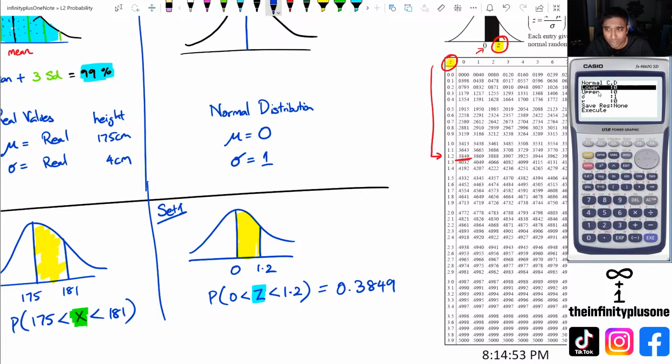You'll notice it says lower is 0, upper is 0, standard deviation is 1, and mean is 0. This already happens on the calculator. In our case, 0 is the lowest number, so we leave it as 0. For the upper number we put 1.2 and press equals. As you can see, you're getting 0.3849, which is pretty much the same answer as before.